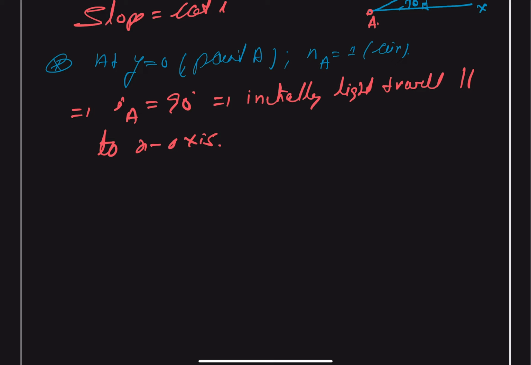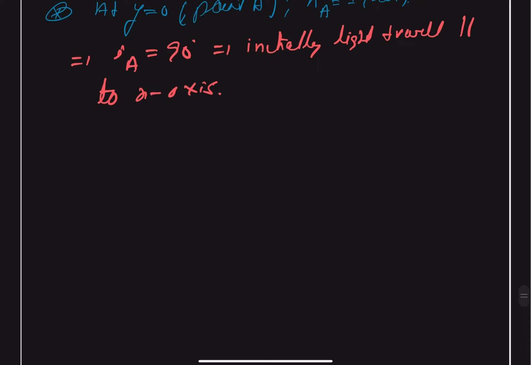We also know that the slope of the trajectory is given by dy by dx.